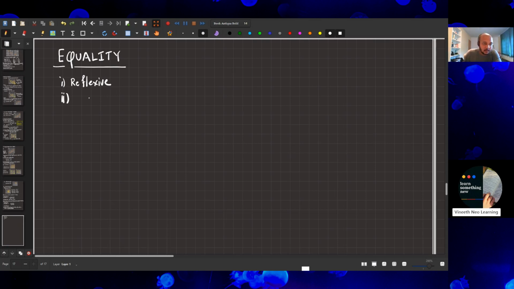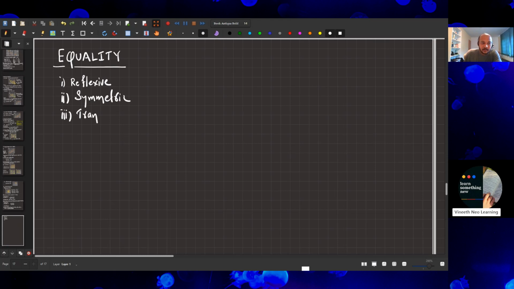Yes, because we can say that if A equals B, then we can also write B equals A. So equality is reflexive, symmetric, and then transitive. If A is equal to B and B is equal to C, then A equals C, right?